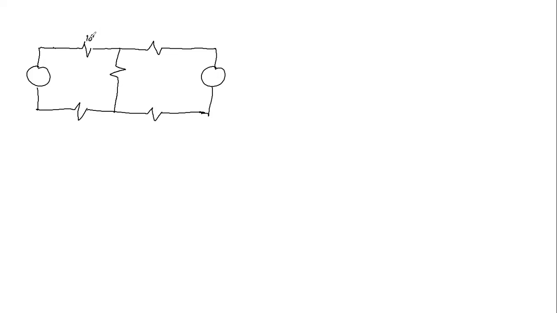So let's say this is 1 ohm, this is 2 ohms, this is 4 ohms, this is 5 ohms, this is positive, negative, 4 volts, it's positive, negative, 2 volts. So this is 3 ohms.